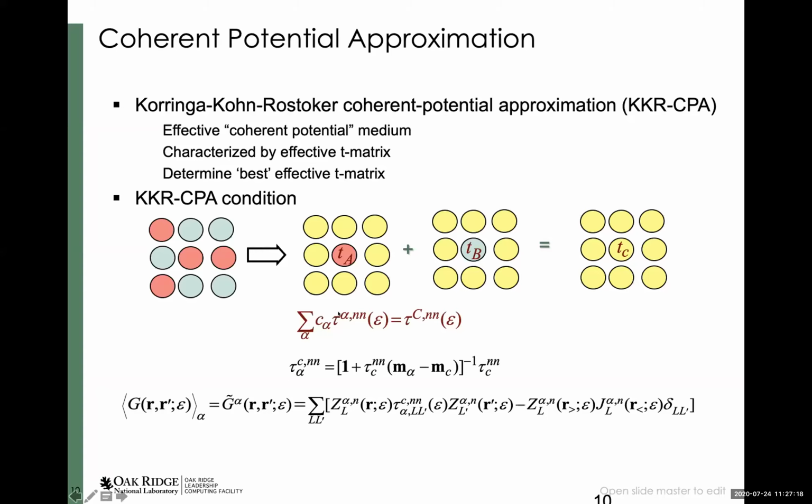You're ensuring that you get the correct behavior from an average scatterer, as if you have an ideal disordered system.